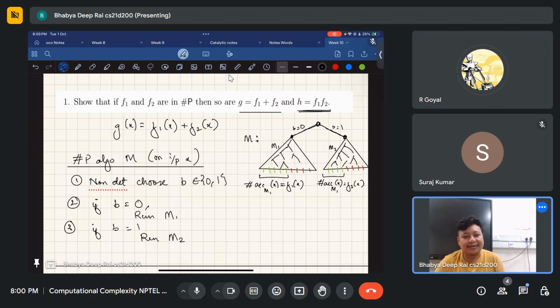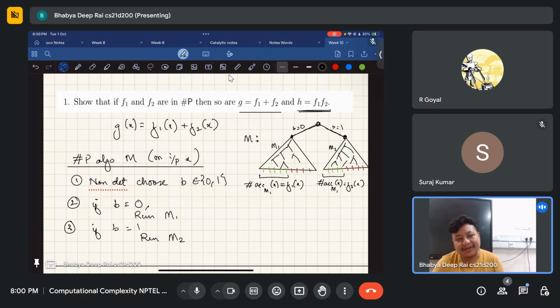I look at stocks. I want to count the number of stocks that are relevant to me, and so on. And these counting problems occur everywhere in real life. And search problems are also very close. So we are interested in FP and so on also.